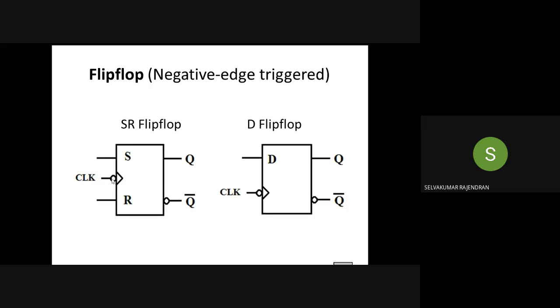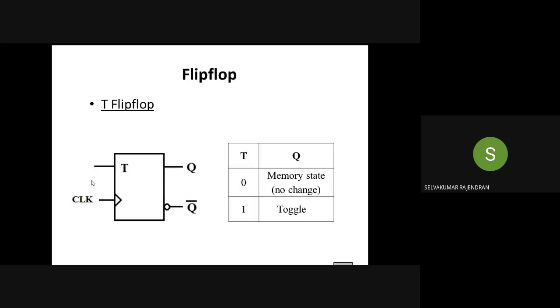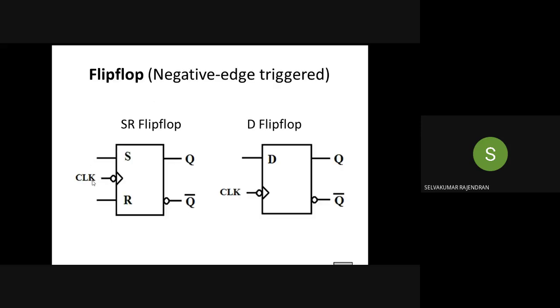This bubble denotes complement form or inverted form of clock signal. Rest of the operation is same as positive edge triggered flip flop. So positive edge triggered flip flop operates when you are applying positive level. Negative edge triggered flip flop operates under negative cycle of the clock signal.